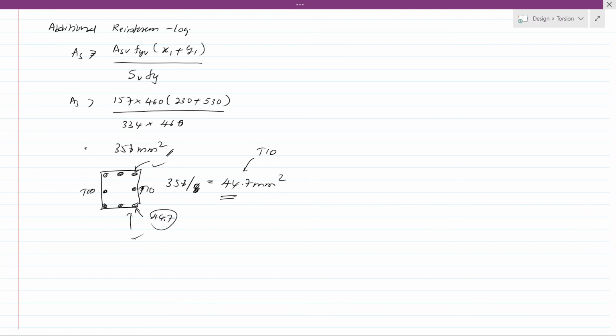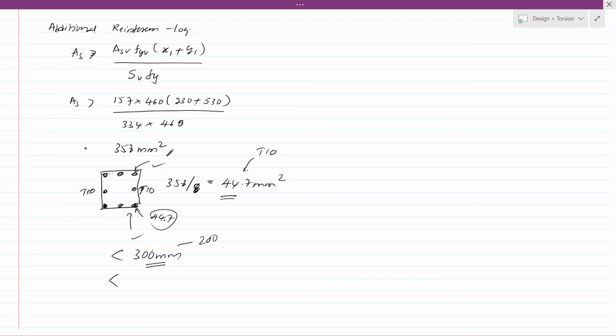In addition to that, we have to check the minimum reinforcement spacing. For torsional links, spacing should be less than 300 mm. That you have to keep in mind. Here we have provided 200, but during the detailing we have to make sure it should be less than 300, and also you should make sure to provide the reinforcement at corners.